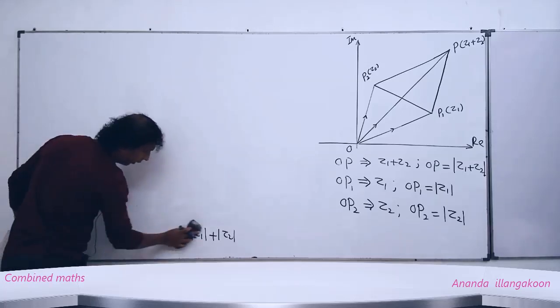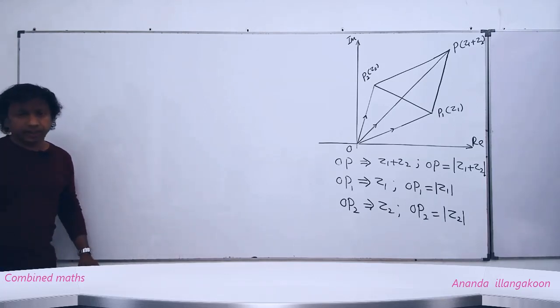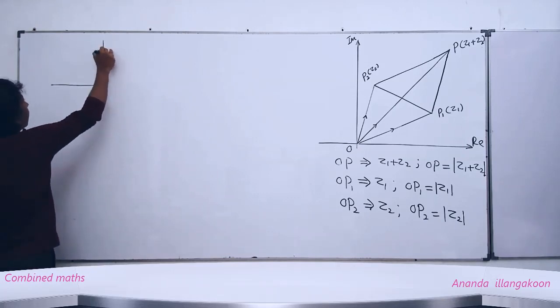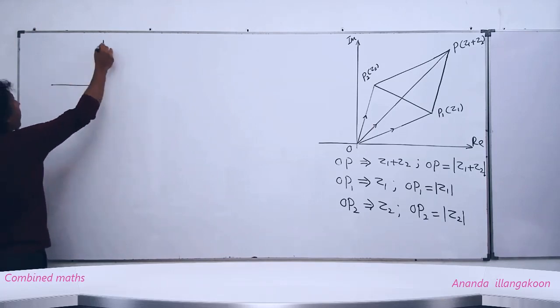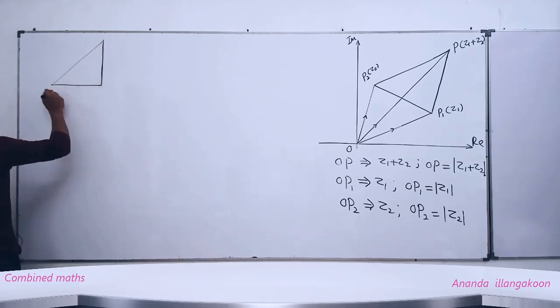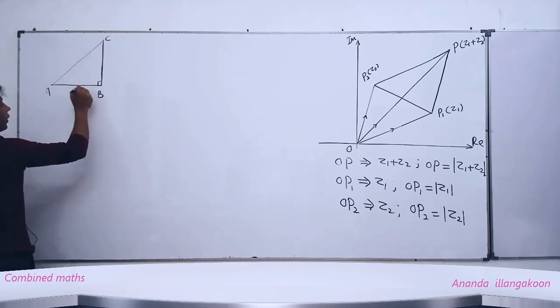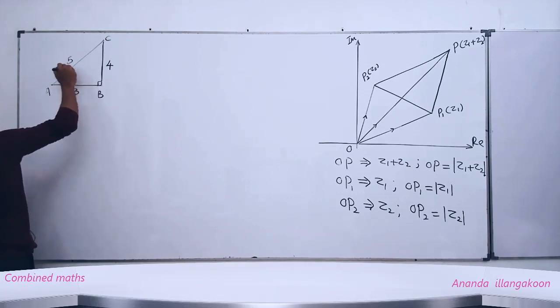Consider this right angle triangle ABC. I can take this as 3, then this is 4, then this is 5.